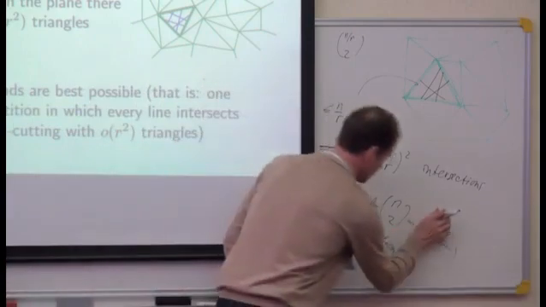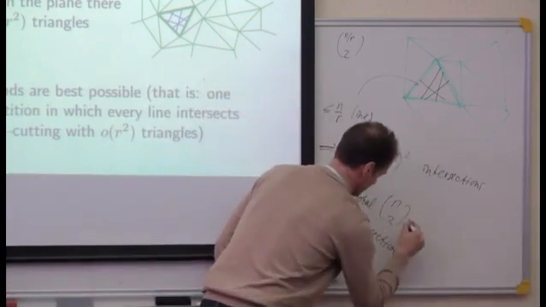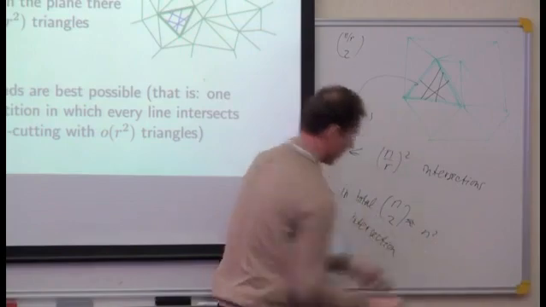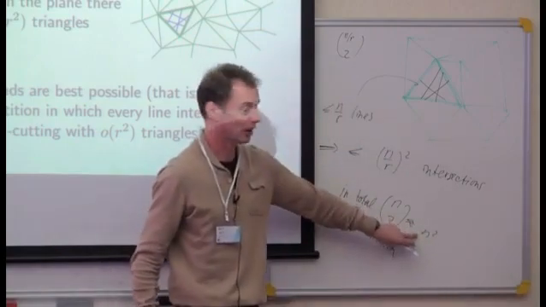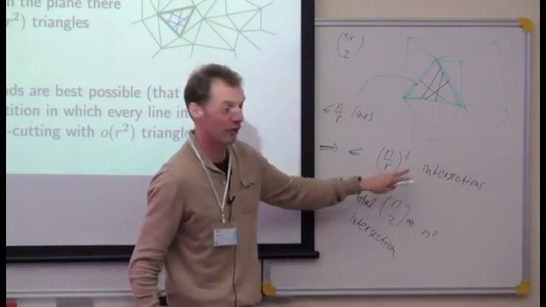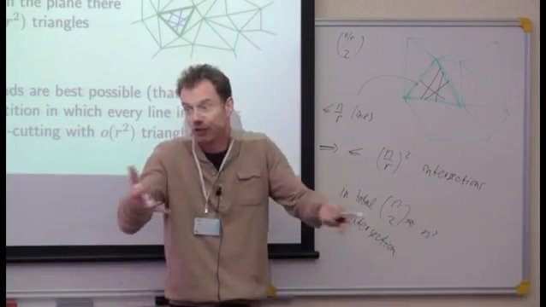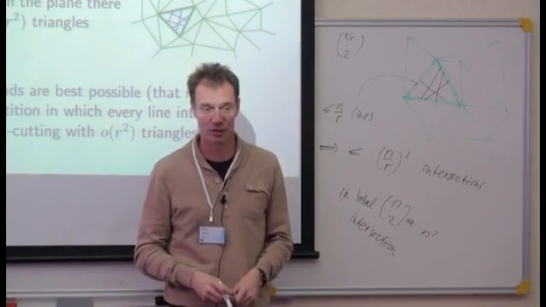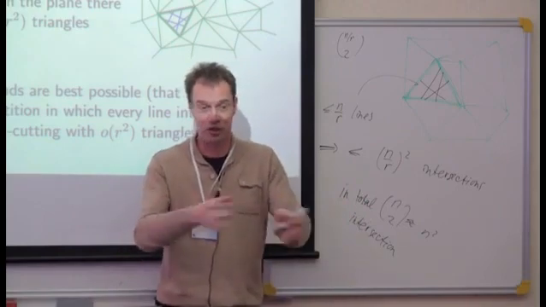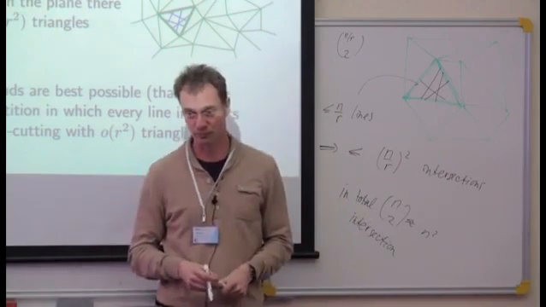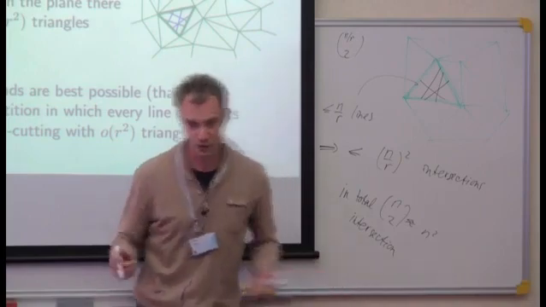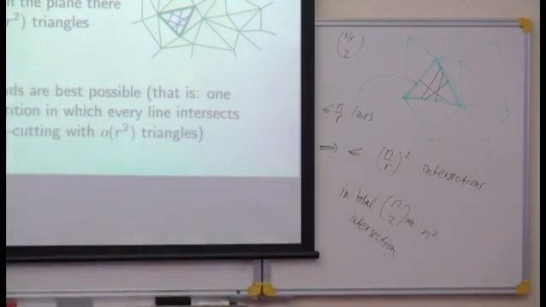So if I have, roughly, n squared intersections and I can have only n squared divided by r squared in each triangle, well, somehow I must have r squared triangles, because all these intersections must be somewhere. Okay, so this is pretty easy once you see the argument.